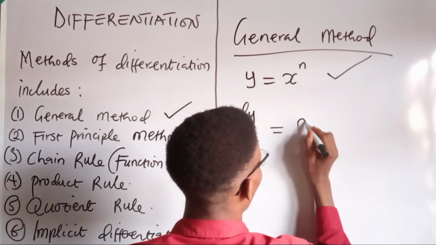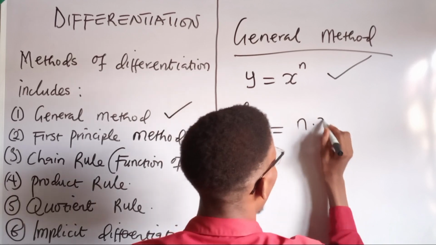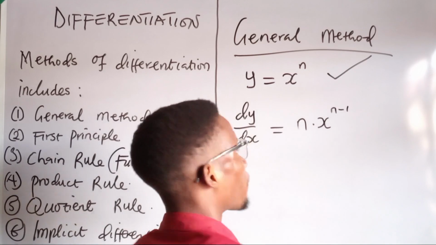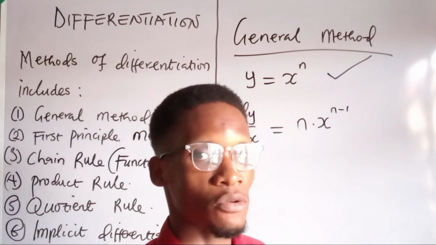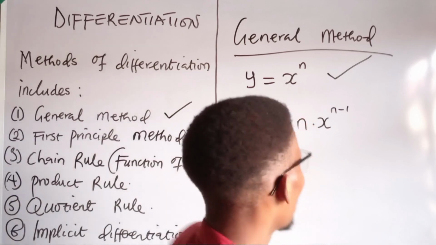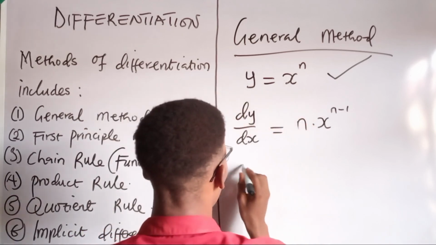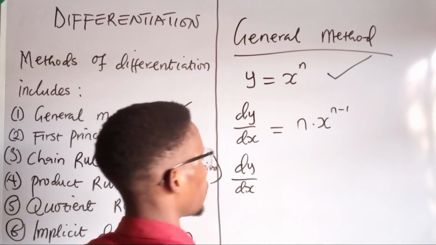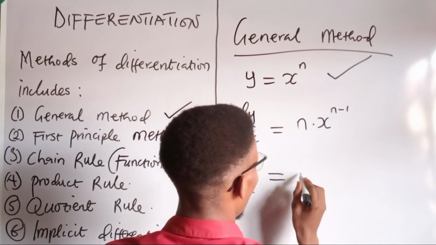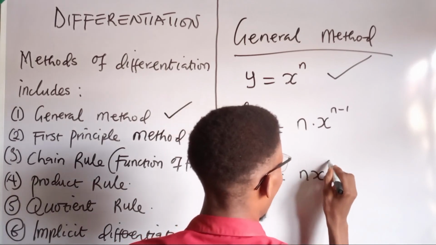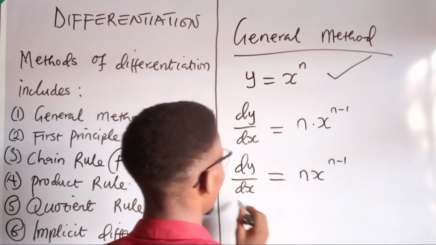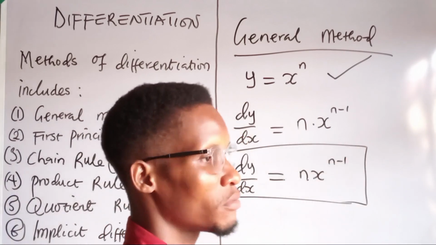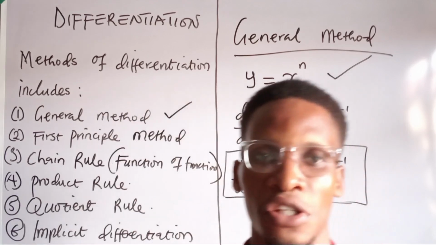So we have n multiplying x raised to power n, then 1 subtracted from the power, and that's how you solve this. The final answer, dy over dx, which is what we're looking for, is equal to n x raised to power n minus 1. This is the way you can solve differentiation using the general method.